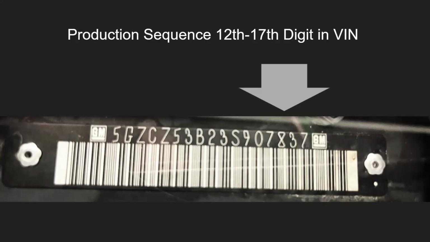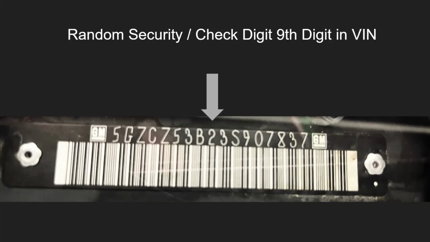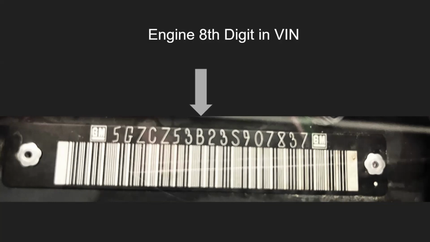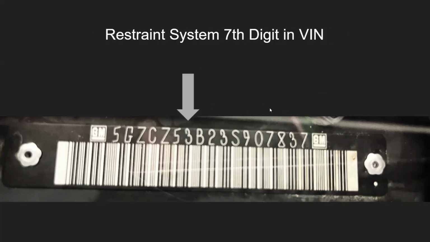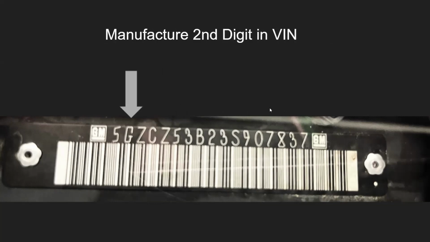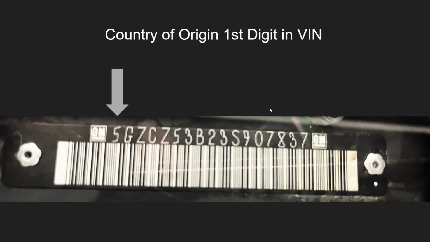Their system usually will track down the right part based upon those. But if you go to an aftermarket parts place, you probably will have to give them the 8th digit, the first digit, where you're looking at different parts.